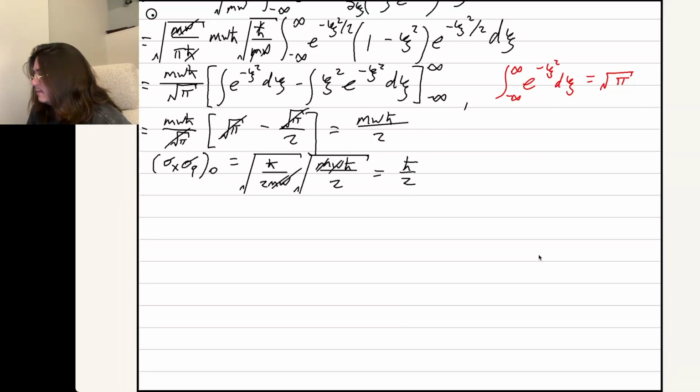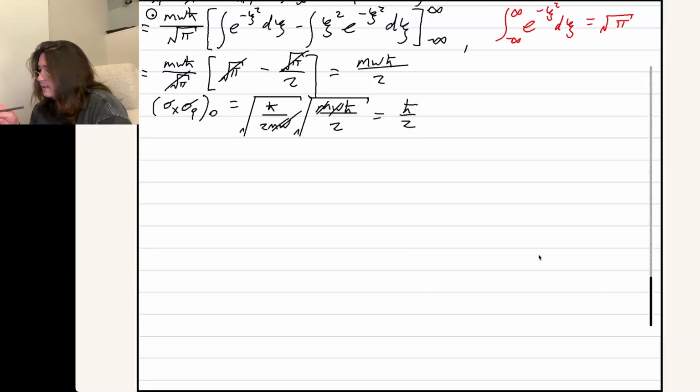Awesome. Now I have to look at the first excited state, do the same thing. Actually, let's hold off on that. Let's think about what the energy is going to be for this, specifically the kinetic energy.